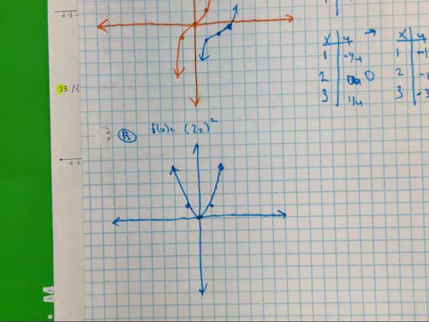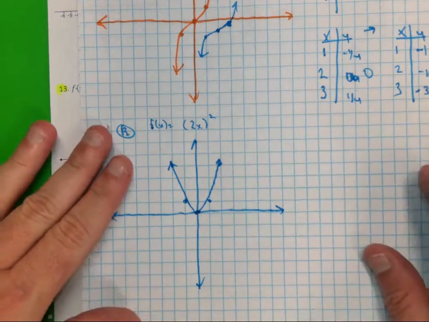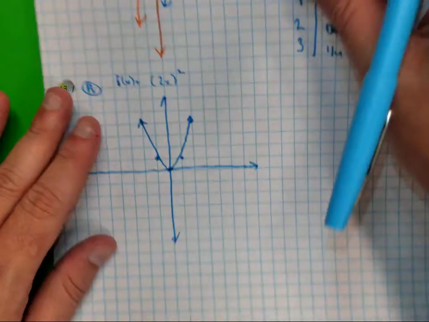What does that 2, when it's inside, when it is next to x, is it affected vertically or horizontally? Horizontally. It's opposite what you think. So are we going to stretch by 2 or shrink by 1/2? Shrink by 1/2. Okay, so that means we're going to multiply your x coordinates by what? 1/2.